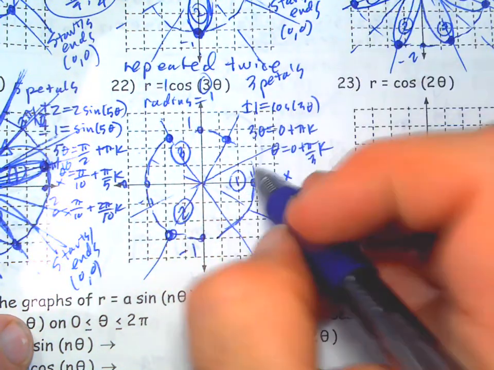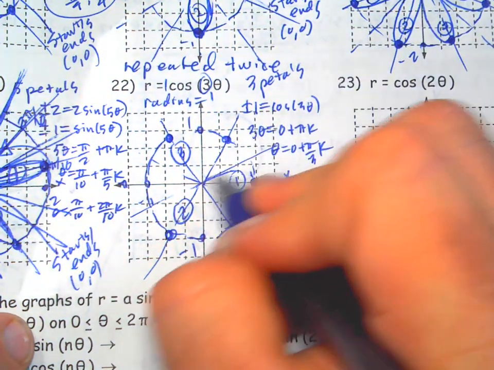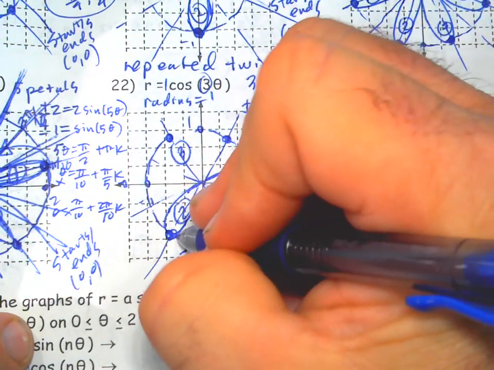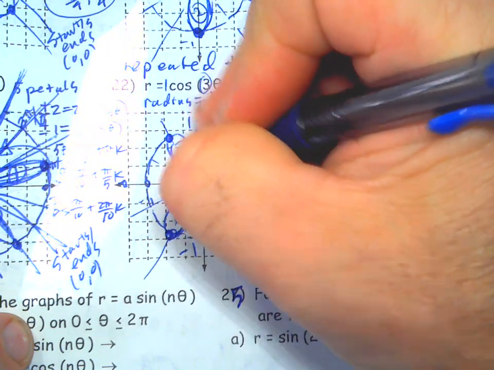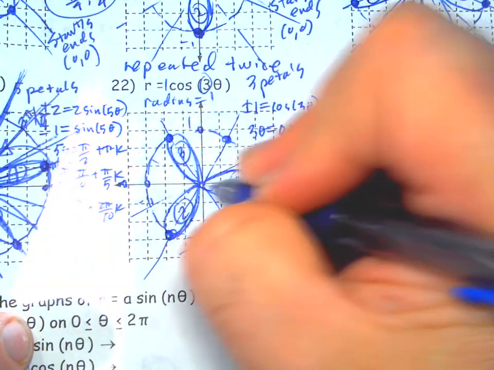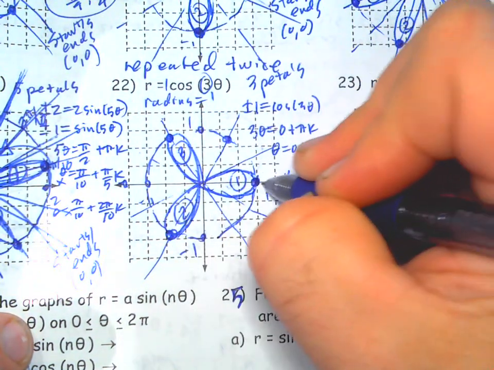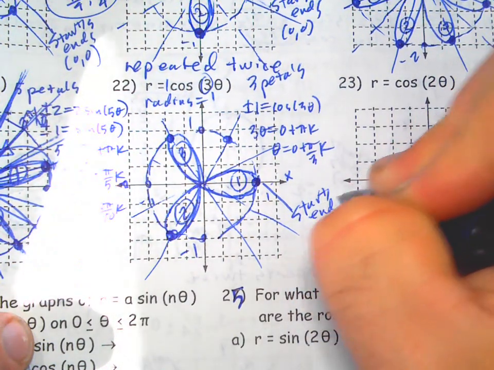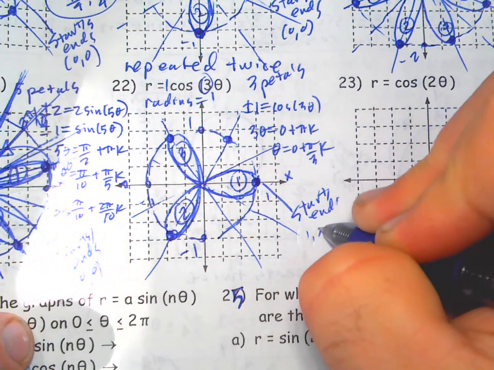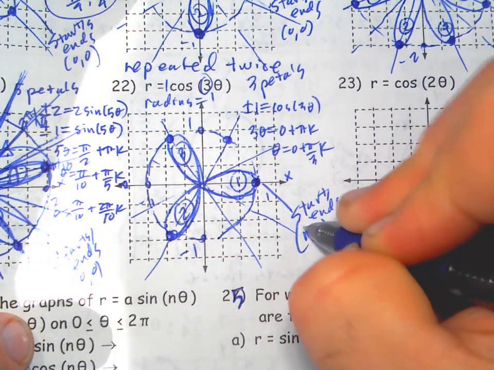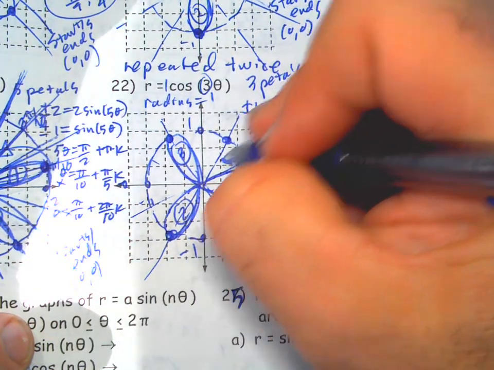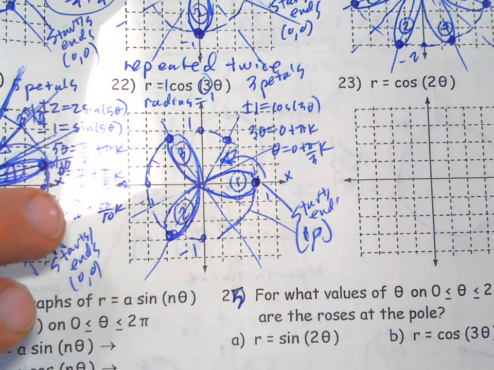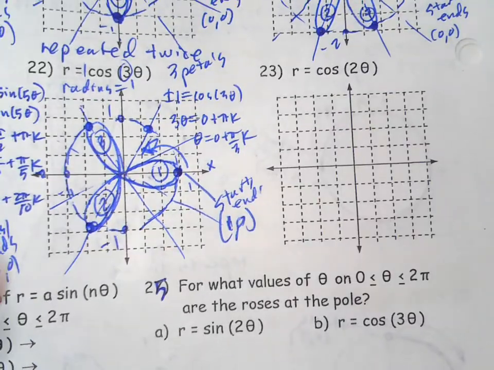So technically, it starts at like the halfway point of the petal, goes smoothly into this one, and actually finishes the first petal at the end. So it starts and ends at the tip of the petal here at 1, 0. And the direction goes like that. And sure enough, it has a horizontal kind of orientation to it, right? Symmetry, top to bottom.